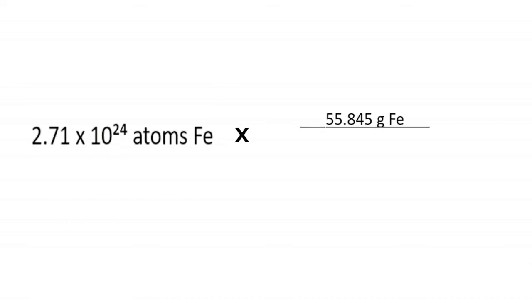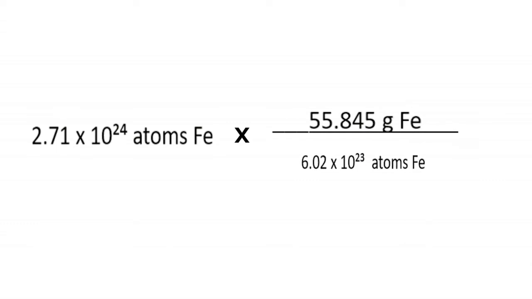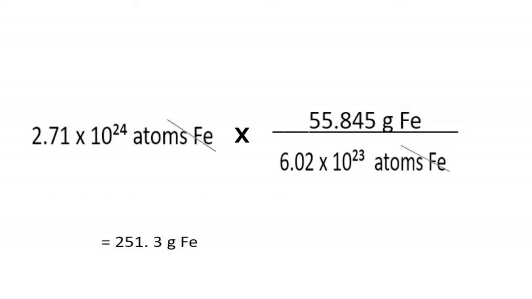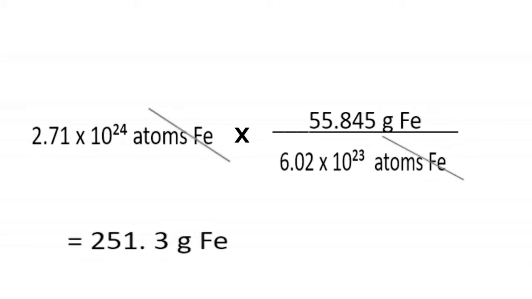Now to solve this, we have 2.71 times 10 to the power of 24 atoms of iron times 55.845 grams of iron divided by 6.02 times 10 to the power of 23 atoms of iron is equal to 251.3 grams of iron.